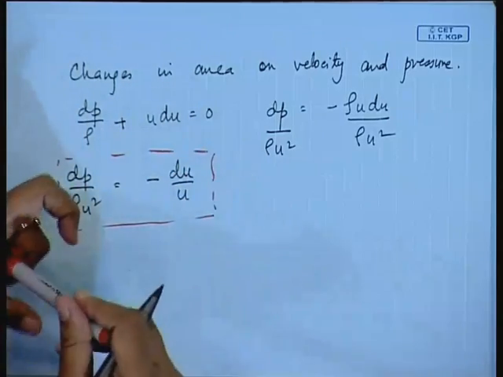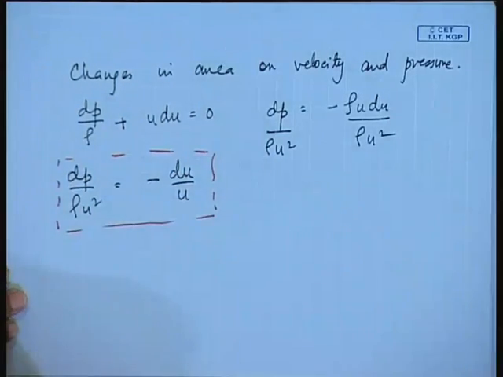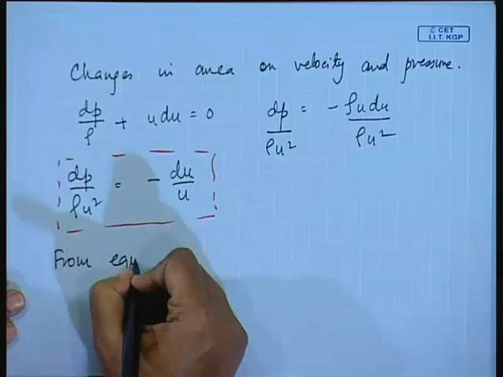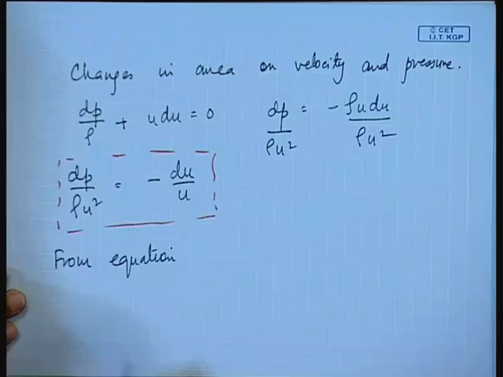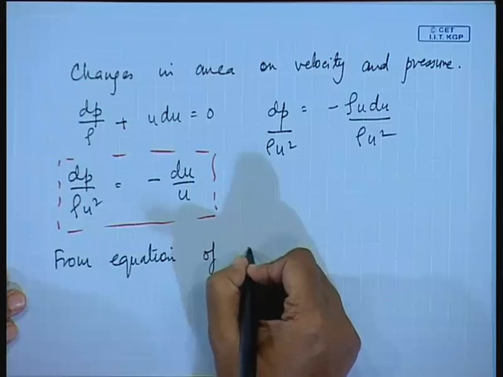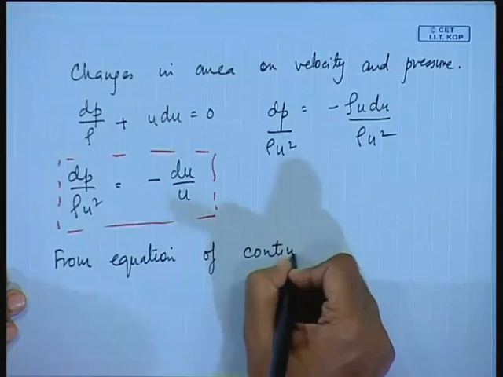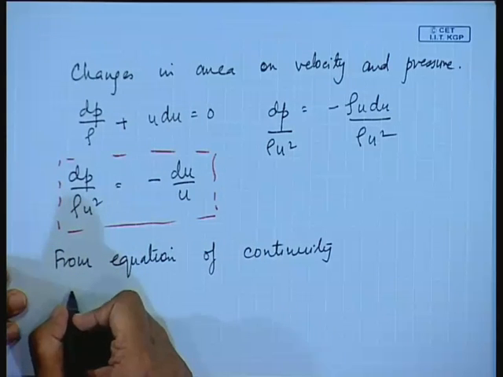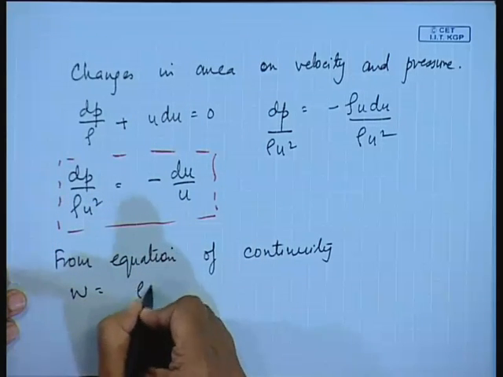Now, from the equation of continuity, what do we get? We all know W equals rho A u.